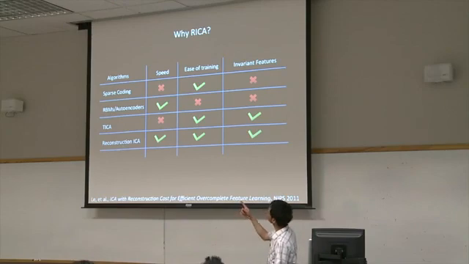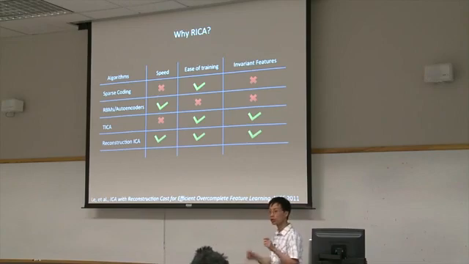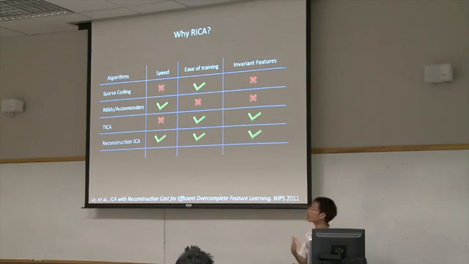Reconstruction ICA is a great combination of these two algorithms. It has the strength of TICA in that it has very few hyperparameters. Actually, it has one, and it can learn invariant features. But it's also very fast because we use a harder constraint, like an eigenvector solution, instead of a softer constraint, and it can be trained a lot faster.